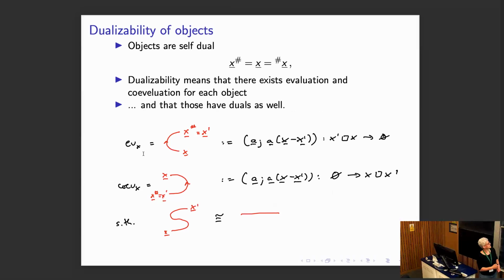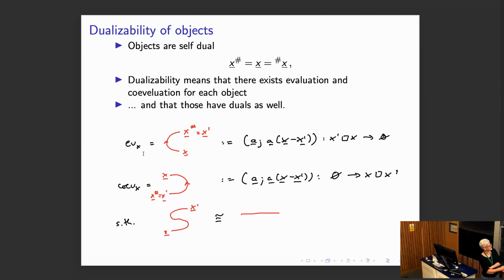If I want to make some evaluation, it's supposed to be something that goes from this list X' together with X to the empty set, and its form is the X giving extra variables and the superpotential. And for all these evaluations and co-evaluations, the form of the superpotential remains the same. It's just that I view this pair in different ways. So here it's from all variables to the empty set.